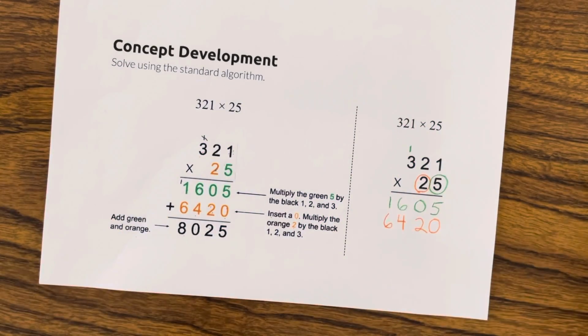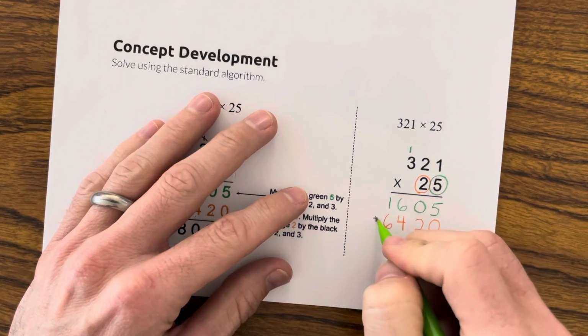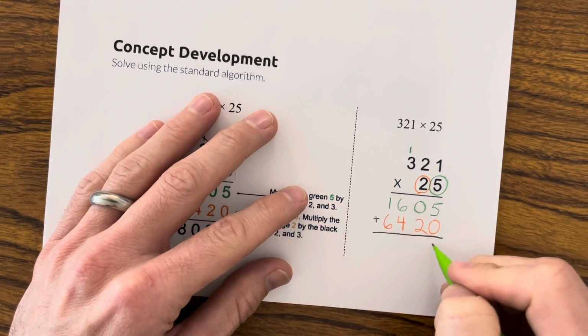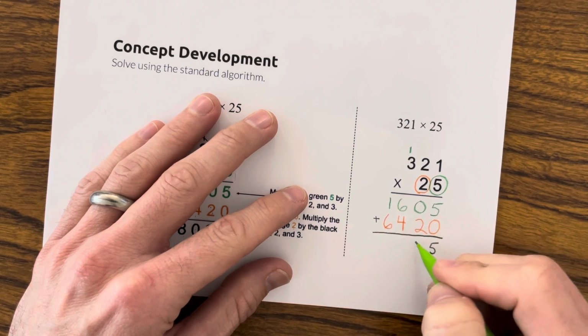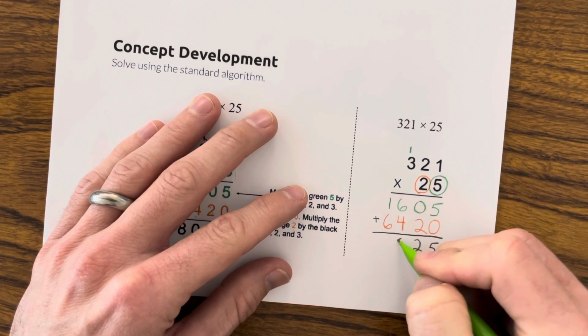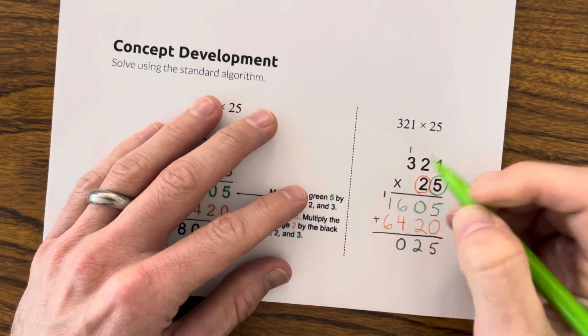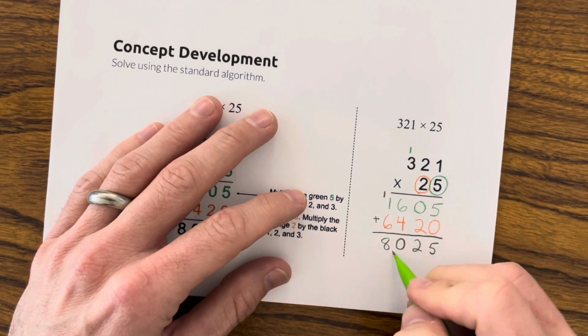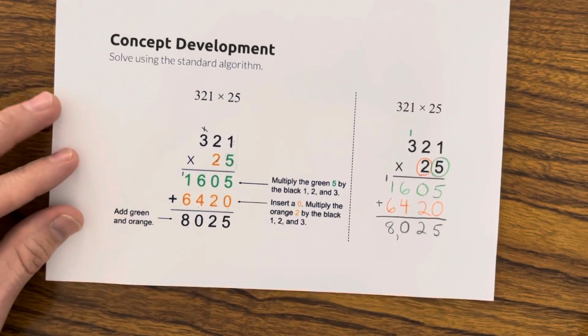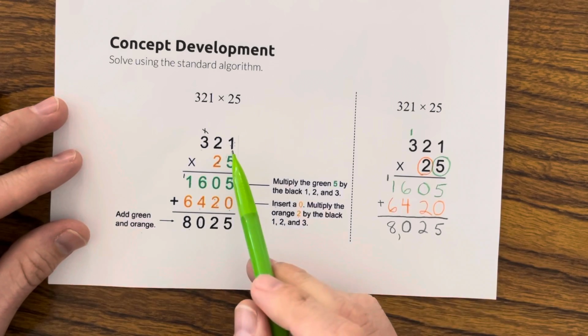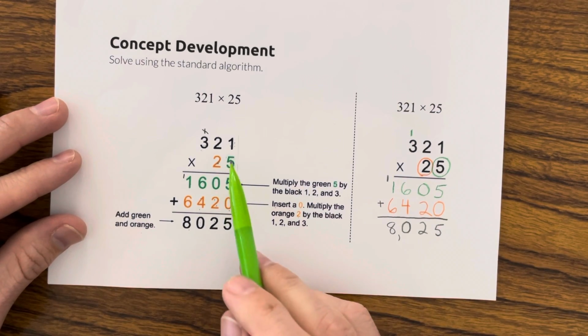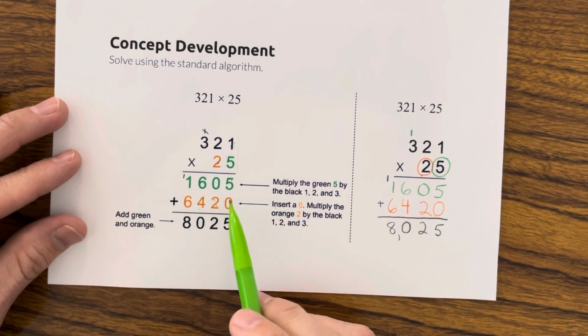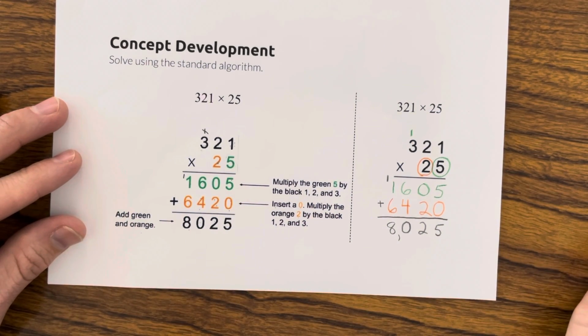Now you get your regular pencil, and we're going to add these together. 5 plus 0 is 5, 0 plus 2 is 2, 6 plus 4 is 10, so we bring down the 0, carry the 1, 1 plus 1 is 2, plus 6 is 8. Final answer, 8,025. So again, this is just using the standard algorithm, with a little bit of color coding to see where each line of work is coming from. And there you have it.